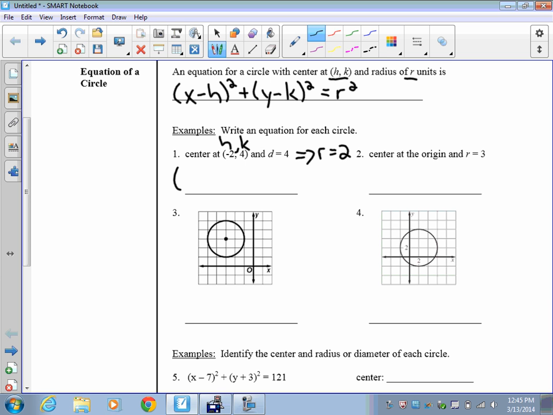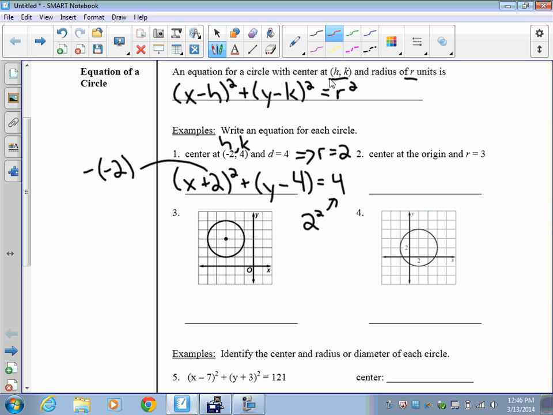Whenever we plug it in, it's going to be x minus h, so x minus -2, or x plus 2, squared, plus (y - 4) squared equals 2 squared, which is 4. So 4 comes from 2 squared, and this positive 2 comes from negative 2. Those are the things that we have to change up a little bit.